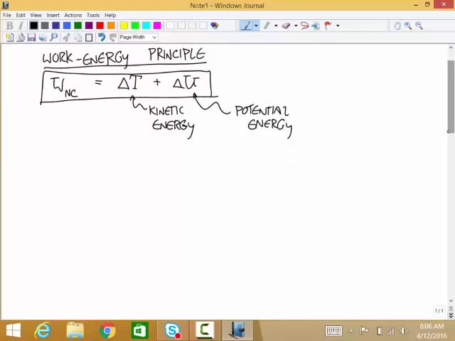Anybody have any questions about the problems related to the work energy principle? Okay. So let's say there's a hill and an object, like a cart with a mass m, starts at the top.